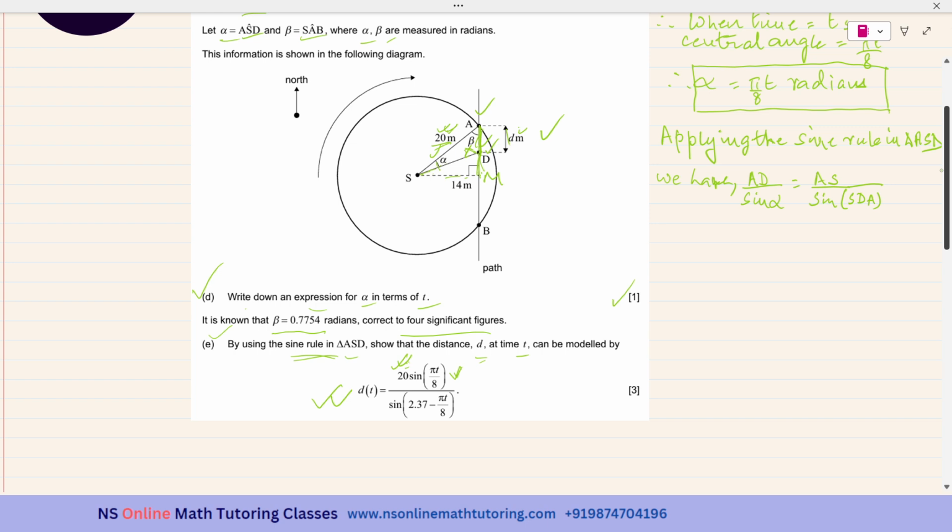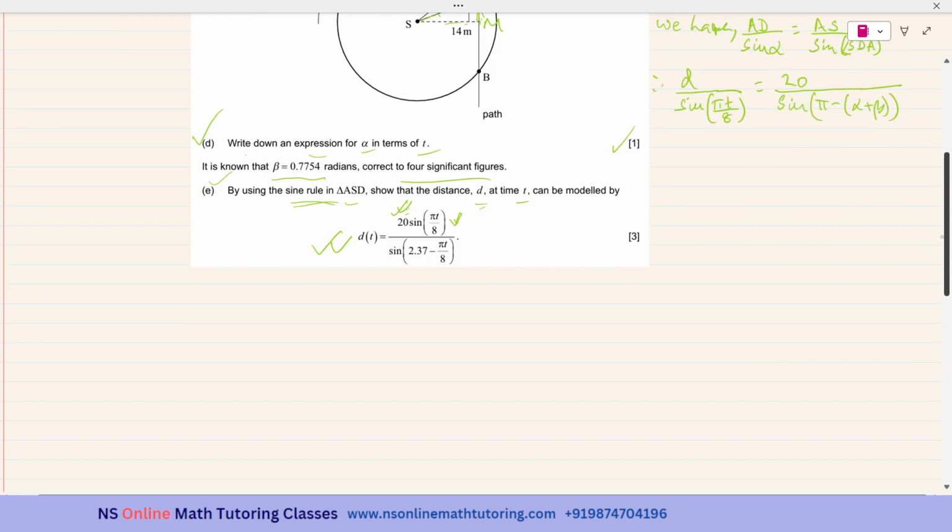So AD is d over sine alpha, which is pi t over 8, equal to AS, which is 20, over sine angle SDA. And what is angle SDA? It is pi minus alpha plus beta.